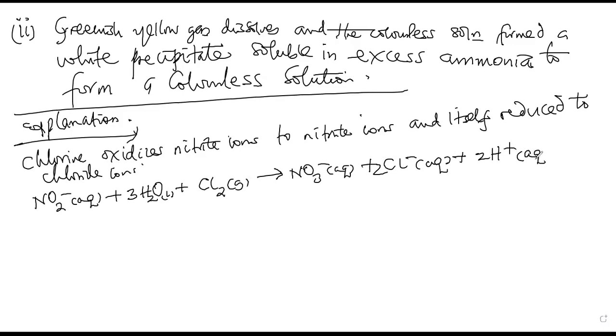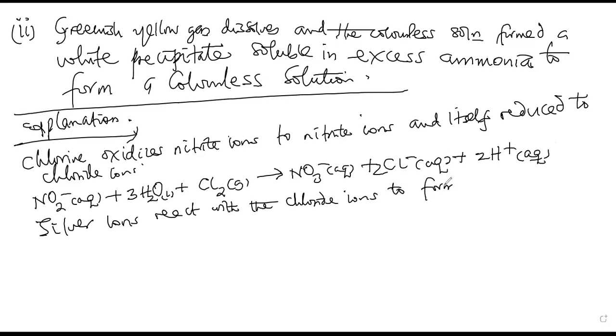Now, these chloride ions formed react with the silver to form silver chloride. So silver ions, from where? From silver nitrate, right? Silver ions react with these chloride ions to form insoluble silver chloride.